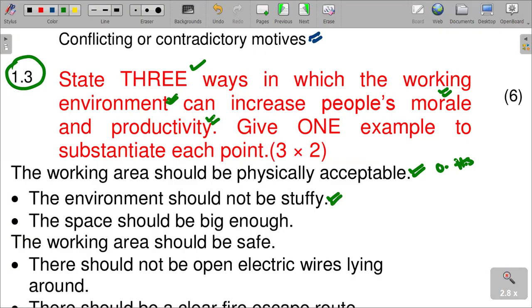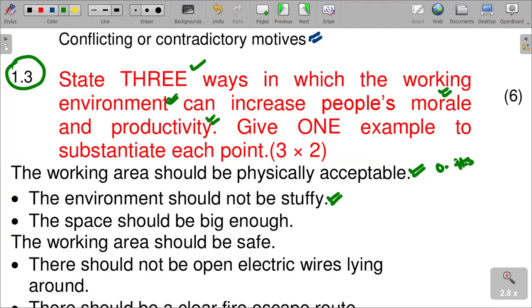It must be clean. It relates to issues to do with the handling of instruments or equipment in the workplace. It must be clean enough.